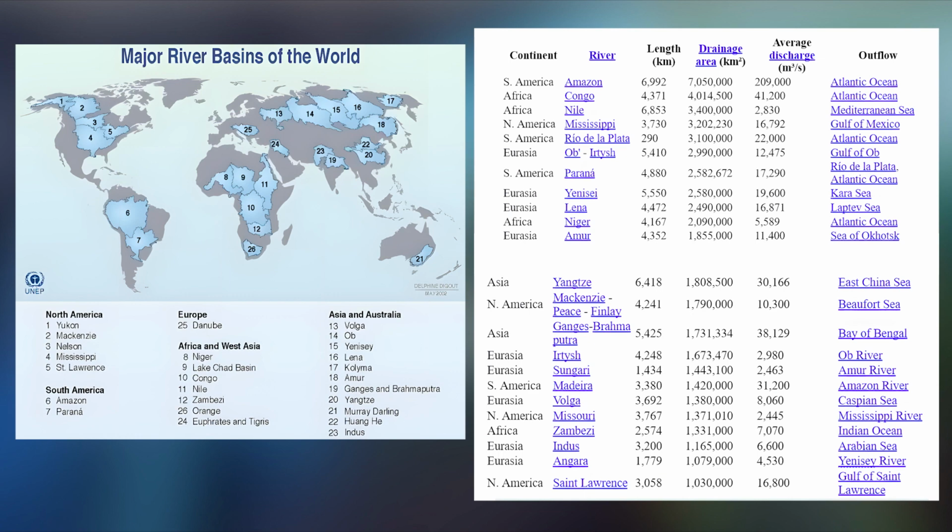The Mississippi's drainage area, again as a point of comparison, is about 3.2 million square kilometers, a large fraction of the continental United States. But that's less than half of the drainage basin area of the Amazon, which is over 7 million square kilometers, and covers a large portion of western Brazil, as well as surrounding areas of Colombia, Peru, Venezuela, and other countries.